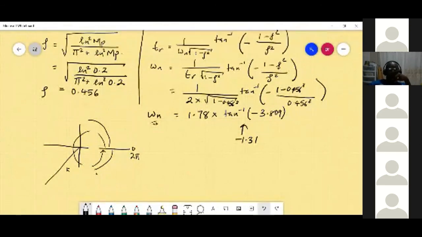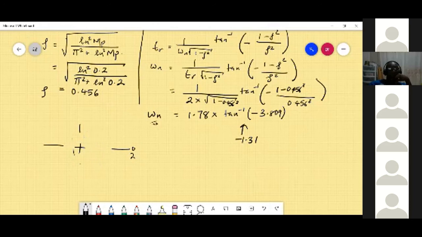Sir, 4.957. All right, what did you do? Subtract it from 2 pi? Sir, I did end up finding the positive angle.